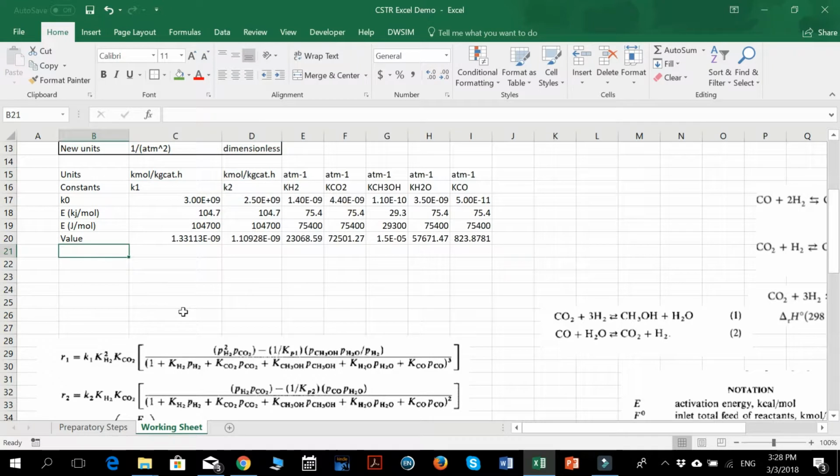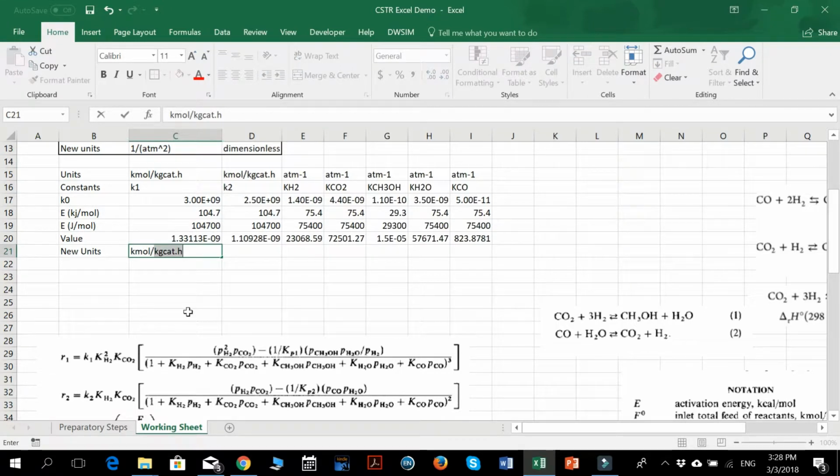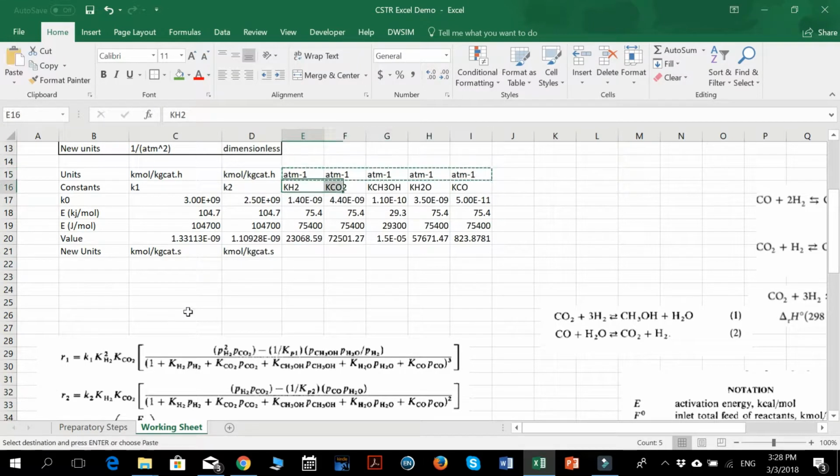Maybe I want it in seconds, so let's have new units. So kmol per kg of catalyst per second, or mole of reactant per gram of catalyst per second. So it's about the same thing. So these two I want to change. These ones I don't have to change as long as my pressure units are in atmosphere.